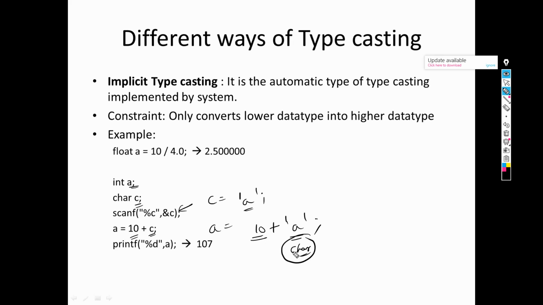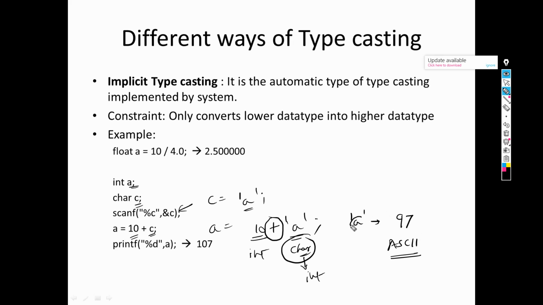So now integer and character, and the operation we are supposed to perform is addition. So what is the first task to be performed? That both the operands should be of the same type. So this is integer and this is character, so automatically character will be converted into integer. The value of single quote A will be considered as 97. Why? Because in the system we have one code known as ASCII code. Each key has its own appropriate ASCII code or integer value.